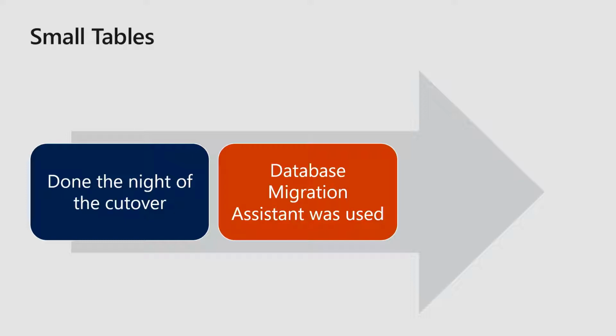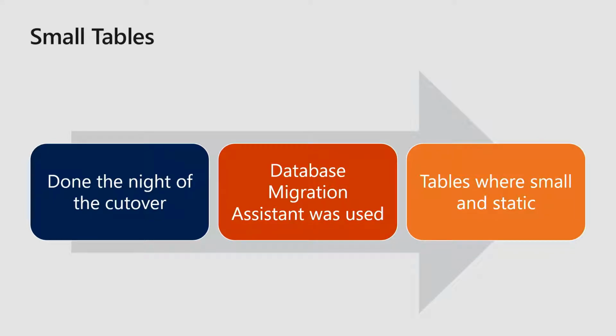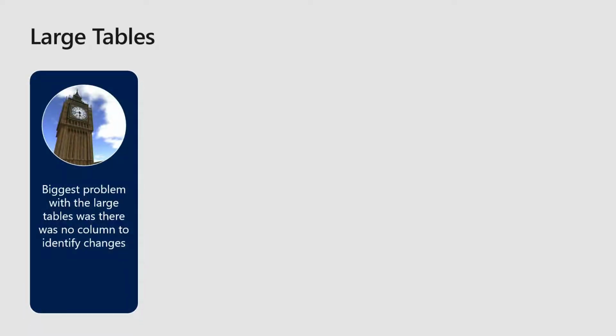We did all the stored procedures and the table schemas through the same process in advance, and then we used Integration Services for the large data, and the migration system to move the small data across on the night of the cutover. This was all fairly static data, so we weren't too worried about it changing over time. Our large tables, on the other hand, were a little more complex.